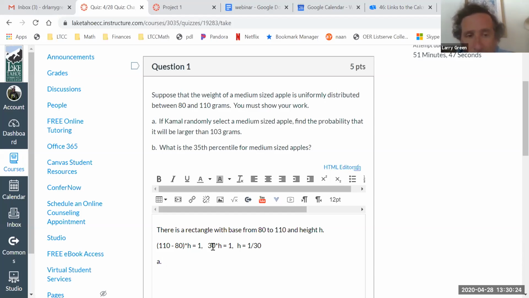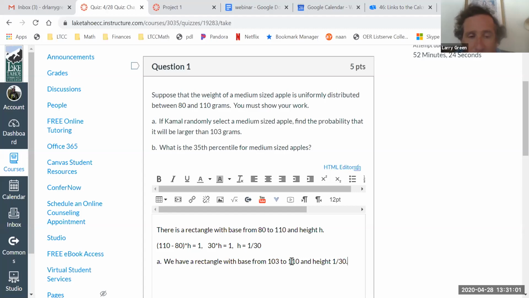So now we have a rectangle with base from 103 to the high side, and the high side was 110, and height 1 over 30, because that was the height we found in the prelim stuff.